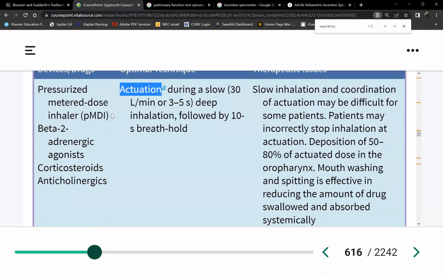So which one is better? The PMDI, right? Because in the costs of repeated hospitalizations, the number one cause is incorrect use of the patient's inhaler. If patients aren't using it correctly, are they bound to have acute episodes? Yes, because they're basically not getting their medications.